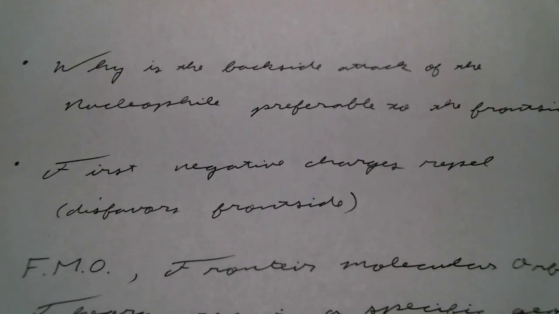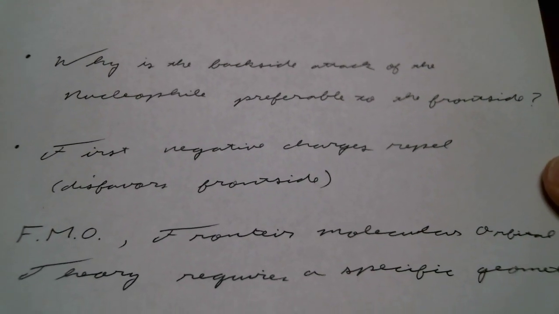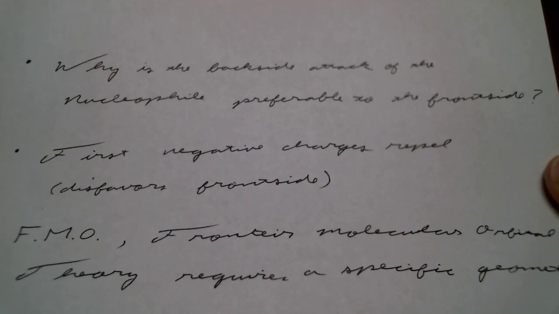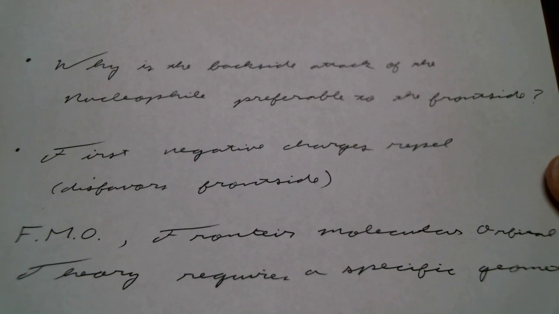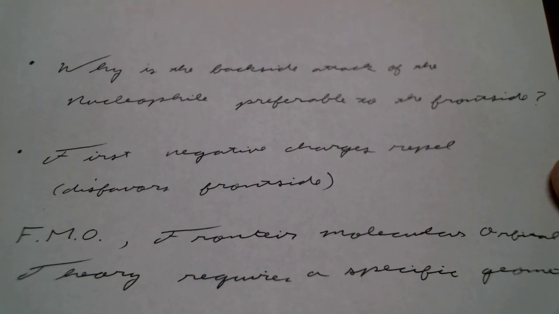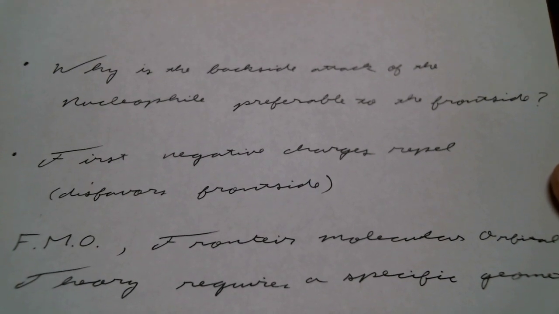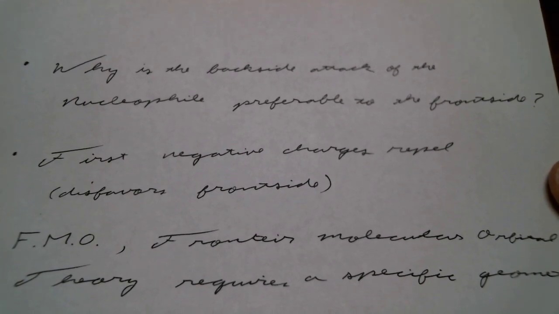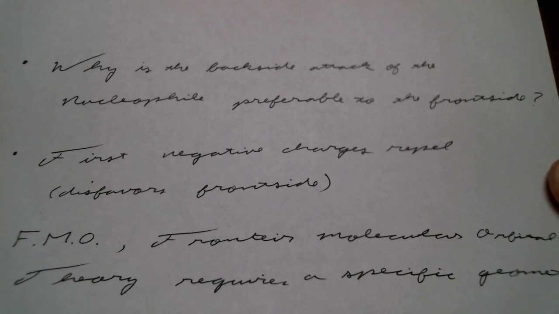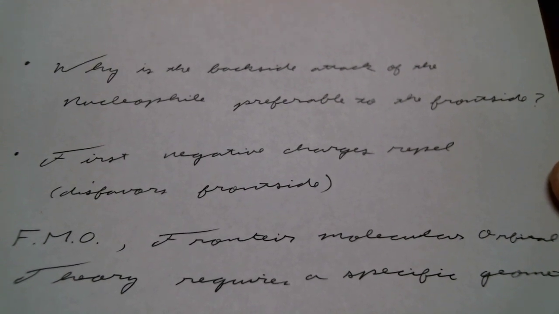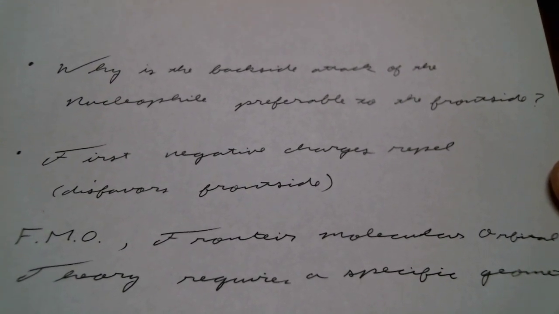So why is the backside attack of the nucleophile preferable to the front side attack? Well, first, negative charges repel. This disfavors the front side. If your hydroxide is coming in from the same side as your bromide is leaving, they sort of experience each other's presence, and that raises the energy in the transition state.